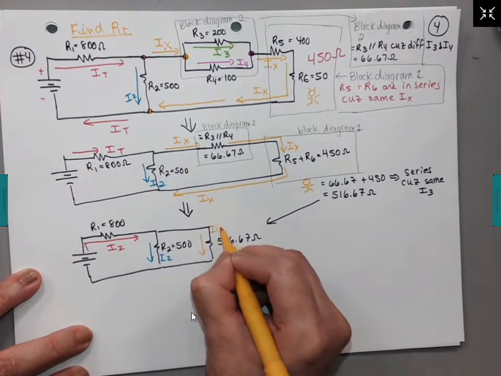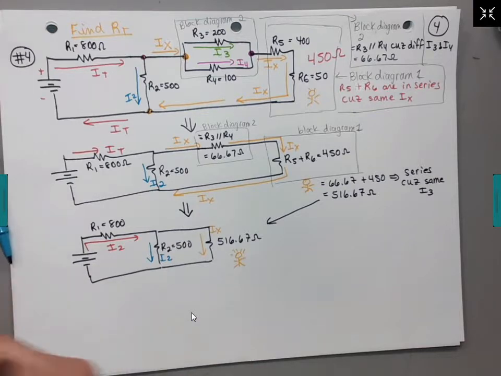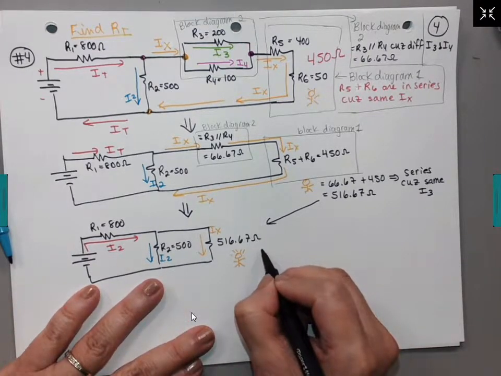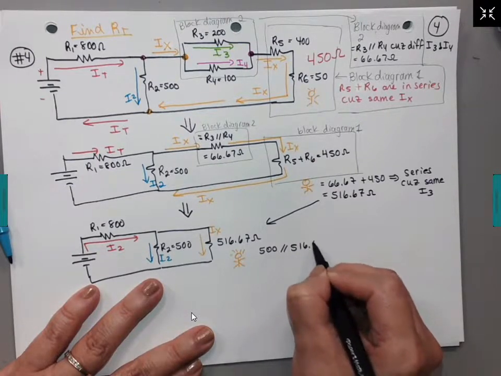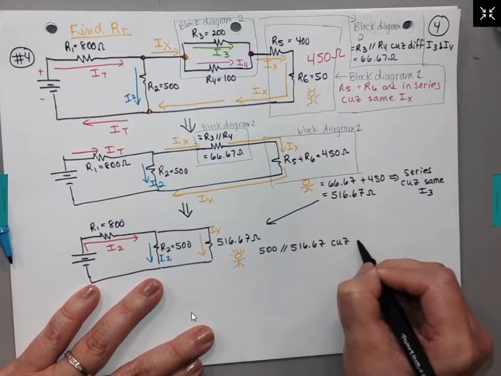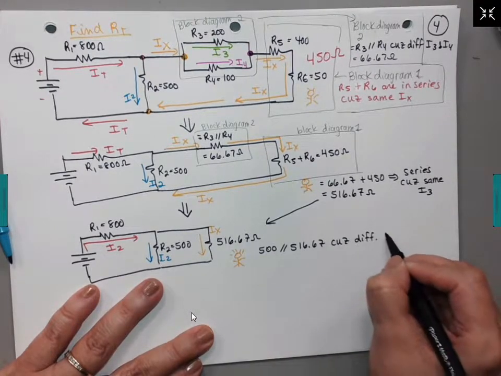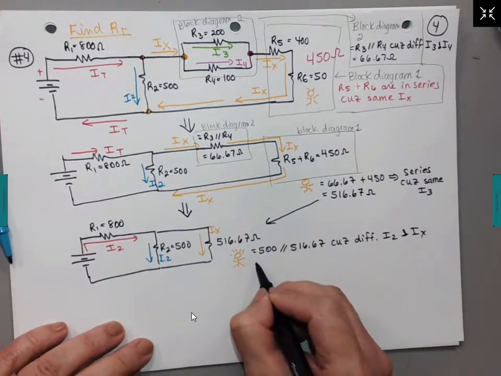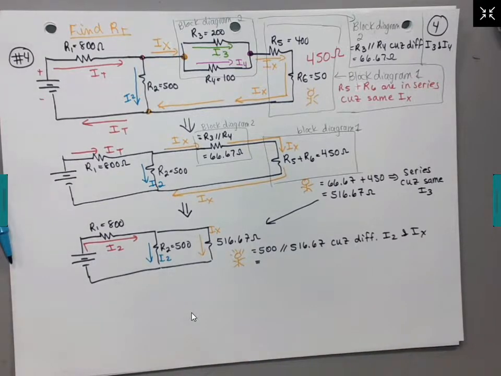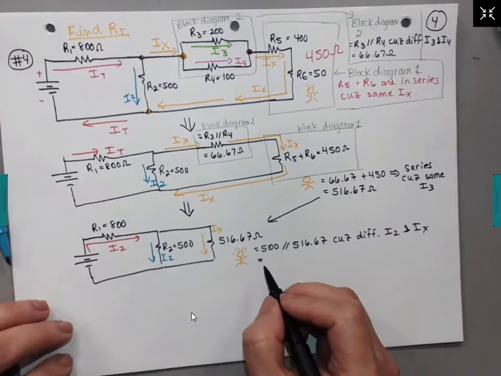So these two guys are in parallel. My little guy tells me that 500, or R2, is in parallel with 516.67, because we have two points and different currents, I2 and IX. Okay? So what is the result of that if they're in parallel? What do you guys get?